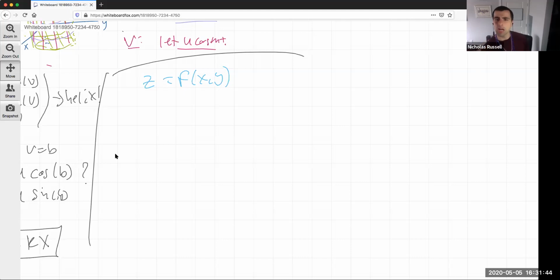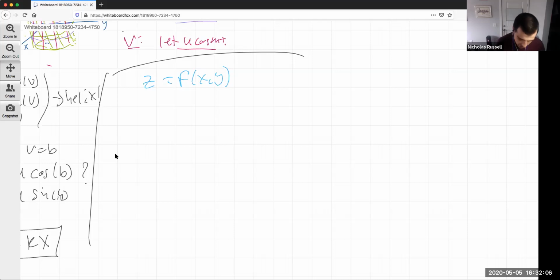And parametrizations are not unique. Sometimes it might be beneficial for us to use one in one situation rather than another. Maybe I can describe one using cylindrical coordinates, maybe one using Cartesian coordinates. It honestly just depends on the problem and the complicatedness of the problem at hand.